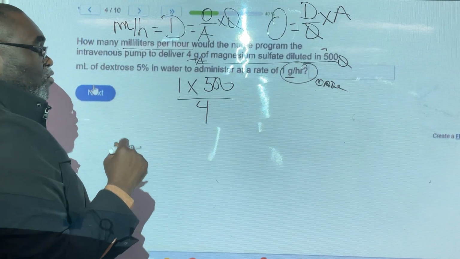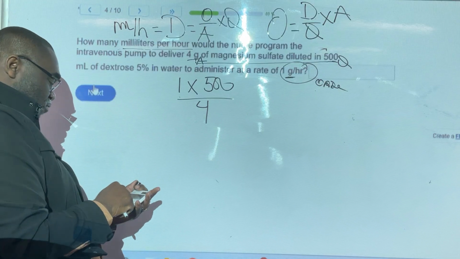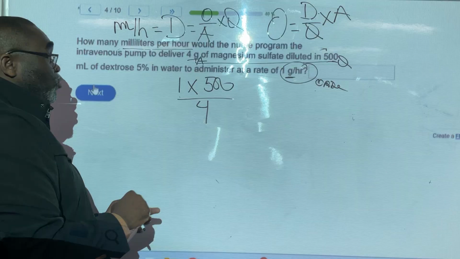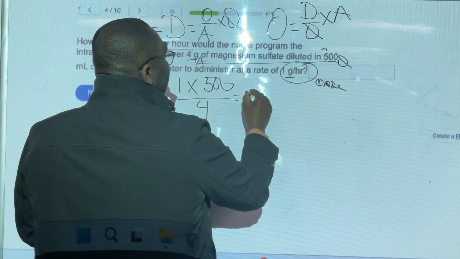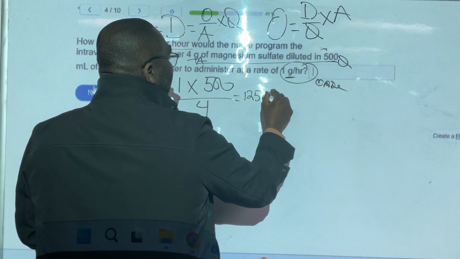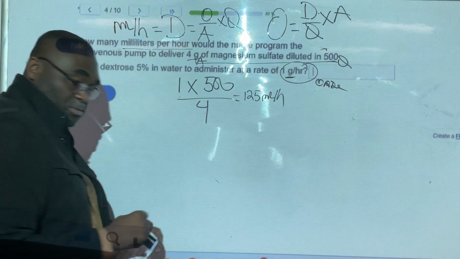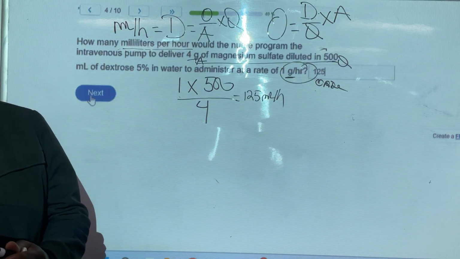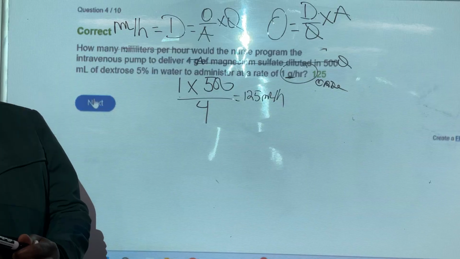All right, so 500 divided by 4, in case you don't know, is 125, but because you don't believe, let me do it right there. 125 milliliter per hour. All right, 125.